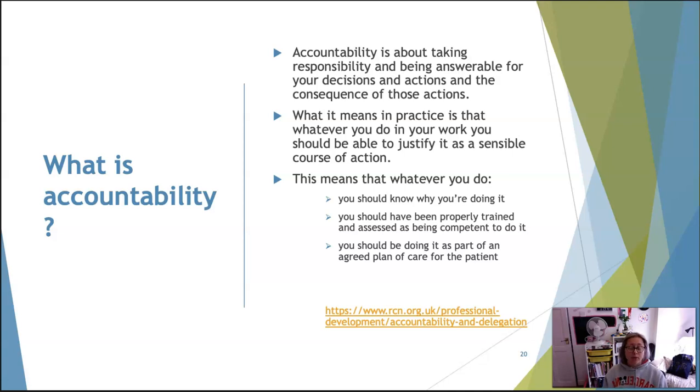If it hasn't been agreed, why are you doing it? Again, has somebody told you that you should be doing it? Or has the care plan not been updated appropriately? Make sure that you are aware of why you're doing what you're doing, so that should anything happen, you can always back it up by saying, I do know this, I was doing this correctly, and I'm not sure what went wrong.